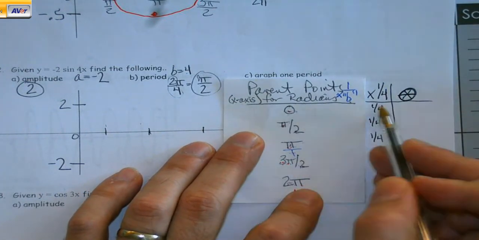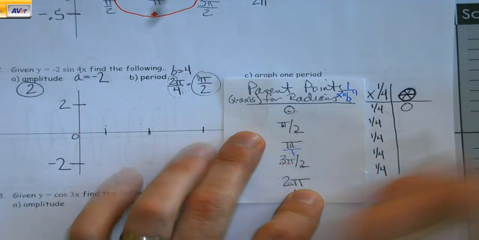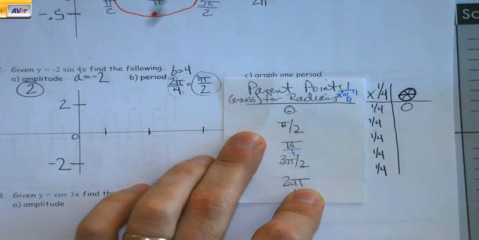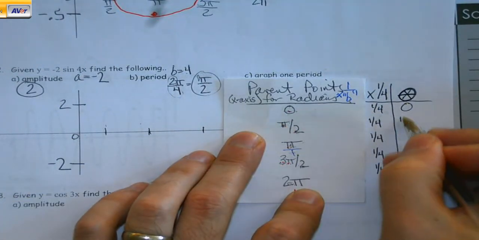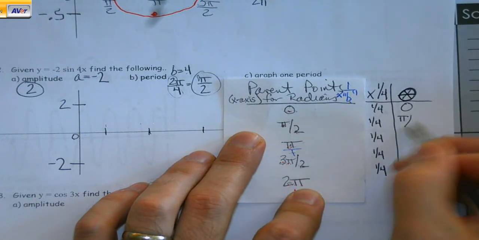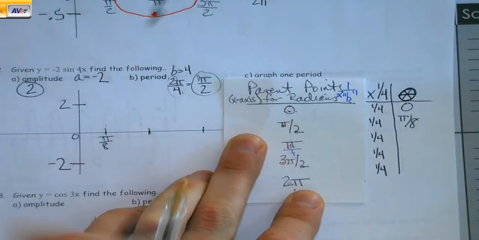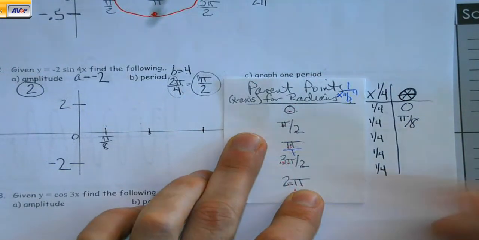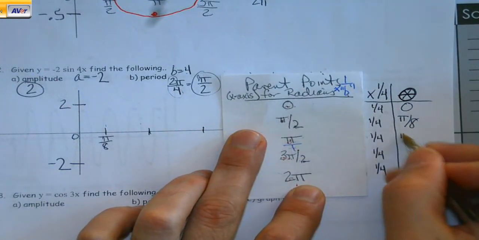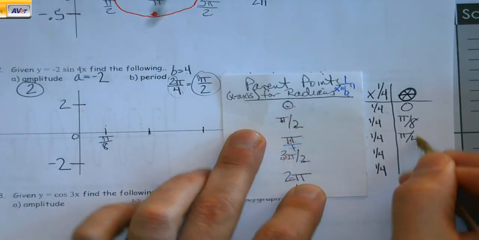So when I multiply across, 0 times anything is 0. We knew that already. Pi times 1 is pi. 2 times 4 is 8. That would be my next line. Okay, pi times 1 is pi. 1 times 4 is 4.